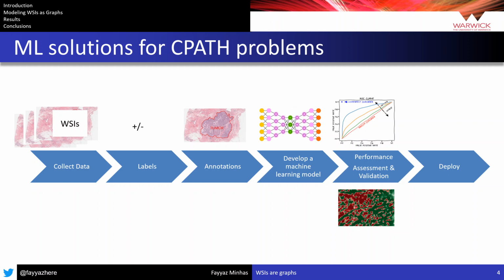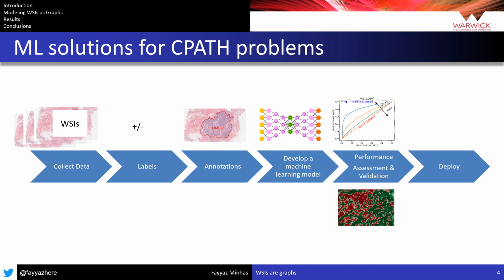If that is the case, we can go ahead and deploy it. Otherwise, we can go back into this waterfall and do multiple iterations. We may also be interested in finding different types of correlative and associative patterns that may be associated with our variable of interest. So that is what the typical pipeline for a computational pathology solution looks like.